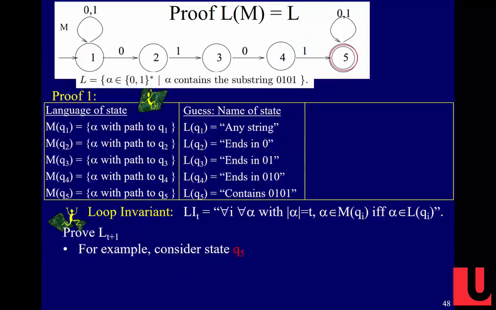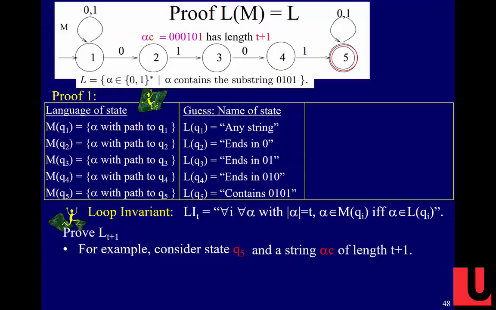Well, now what we should be doing is saying, let I be an arbitrary state. But instead, I'm going to do one example. We're going to do each of them separately. So let's just consider state 5. Now we want to get an arbitrary string of length t plus 1, and what I'm calling it is alpha c.